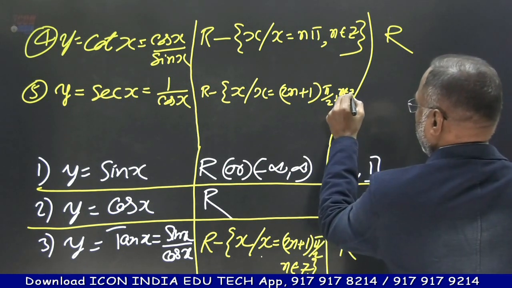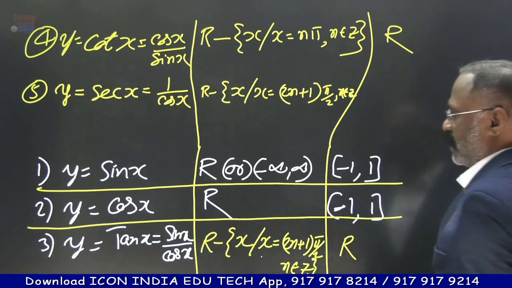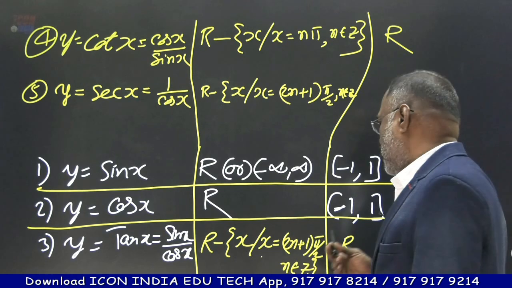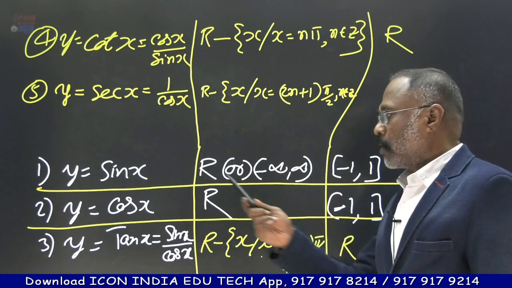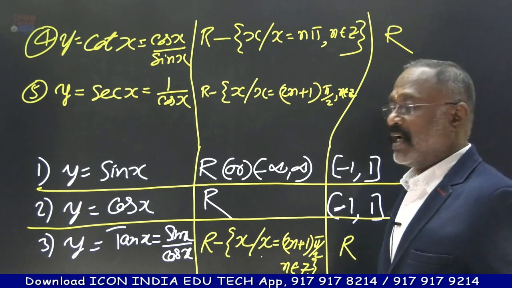Now, whose reciprocal is secant x? Cos x's reciprocal is secant x. And cos x always lies between minus 1 and plus 1, and its reciprocal never lies between minus 1 and plus 1.